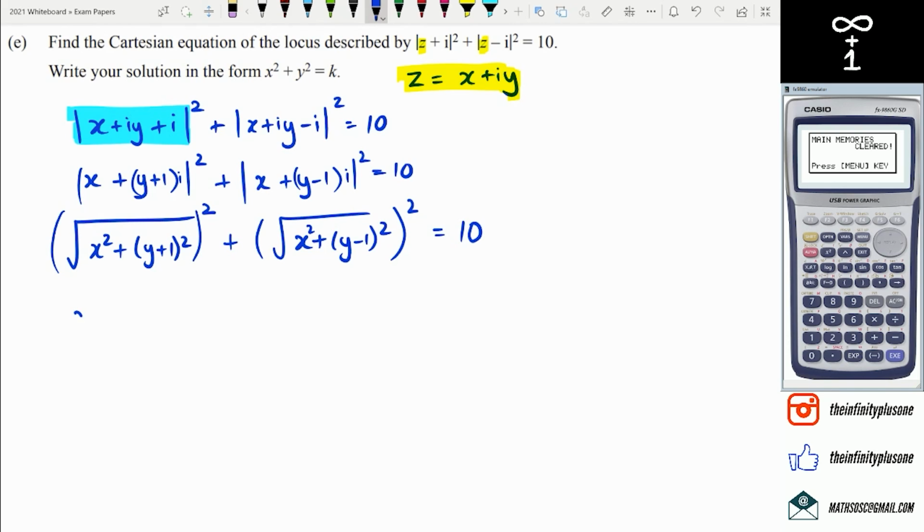We end up with x squared plus (y plus 1) squared plus x squared plus (y minus 1) squared equals 10. The only thing we need to do now is expand and simplify.